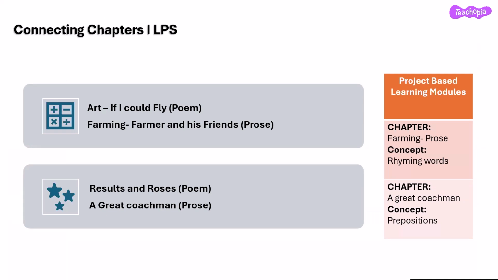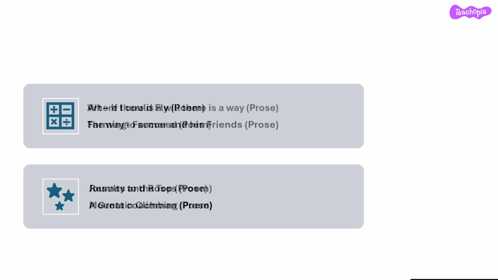And also for the 5th grade, we'll be looking at Results and Roses, which is a poem, and A Great Coachman, which is prose. The project-based learning module for the farming chapter is rhyming words. And for the Great Coachman, the concept that we will be exploring is prepositions.